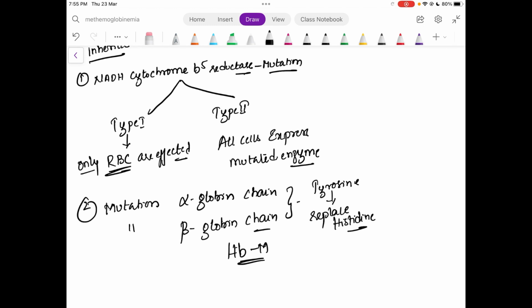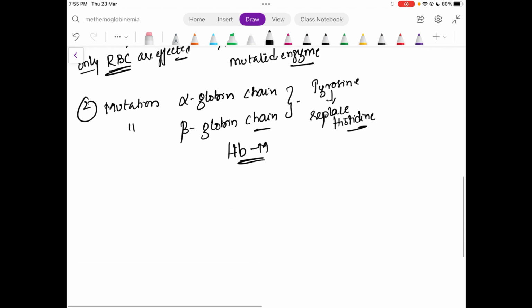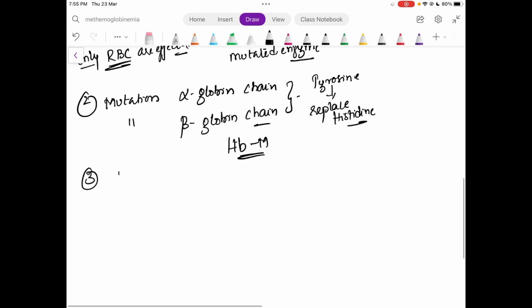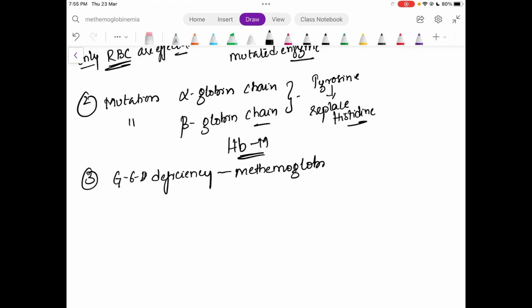They will form methemoglobin, so they will have Fe3+. And G6PD deficiency will cause methemoglobinemia.